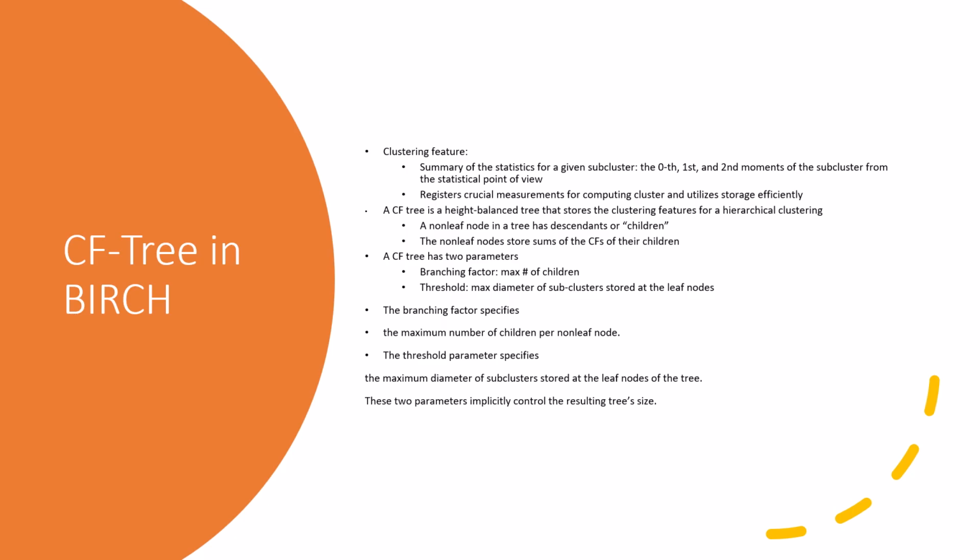The primary phases of BIRCH: Phase 1, BIRCH scans a database to build an initial in-memory CF tree, which can be viewed as a multi-level compression of the data that tries to preserve the data's inherent clustering structure. Phase 2, BIRCH applies a clustering algorithm to cluster the leaf nodes of the CF tree, which removes sparse clusters as outliers and groups dense clusters into larger ones.